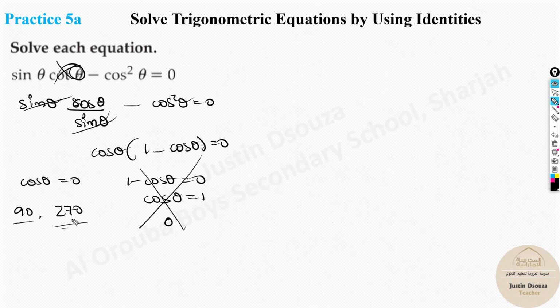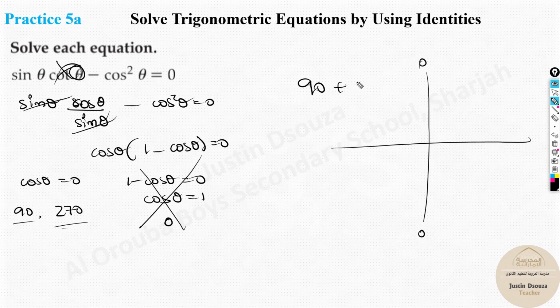No problem. But you don't need to write both because it's minus infinity to infinity. You just write 90 plus, we know this repeats every pi, right? After 90, again add pi, 270. Now over here, cos theta is 0 over here and 0 over here. Every time it will repeat.